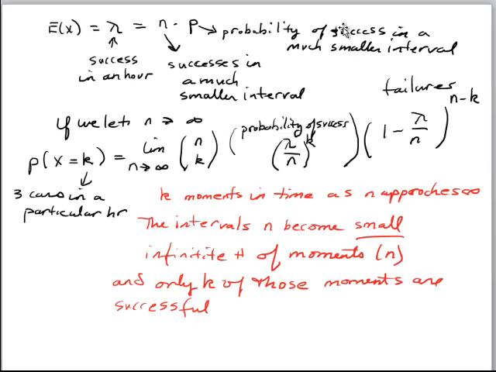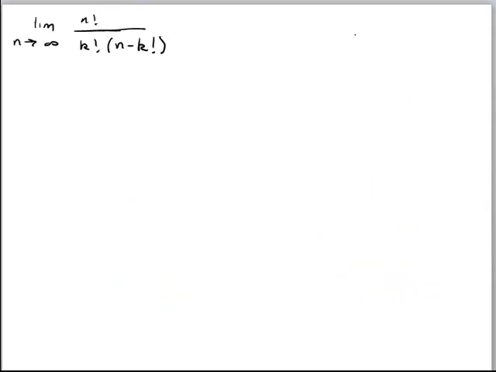Now let's do some substitution. First we're going to make things very clear. We'll say the limit as n goes to infinity of n factorial over k factorial times n minus k factorial, right? Because that's just what we had seen before. There's our n choose k. We've written it out clearly. And next we'll say what we had in the remainder of that expression.